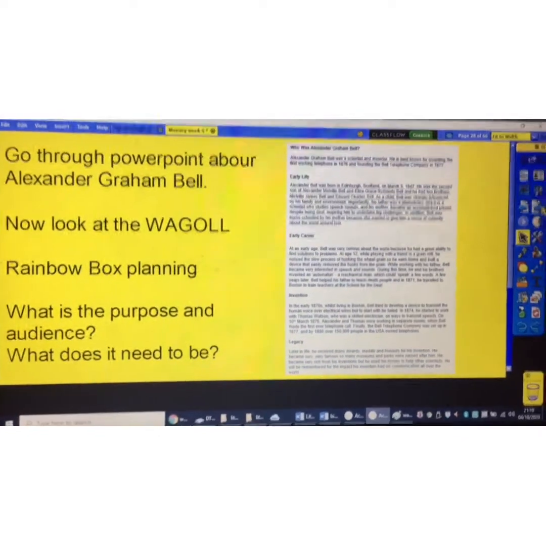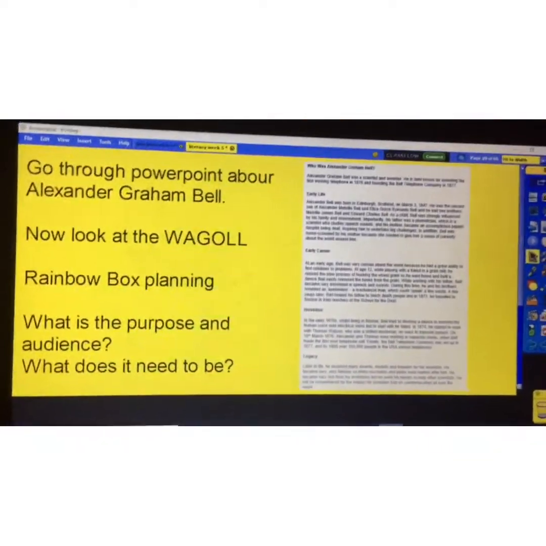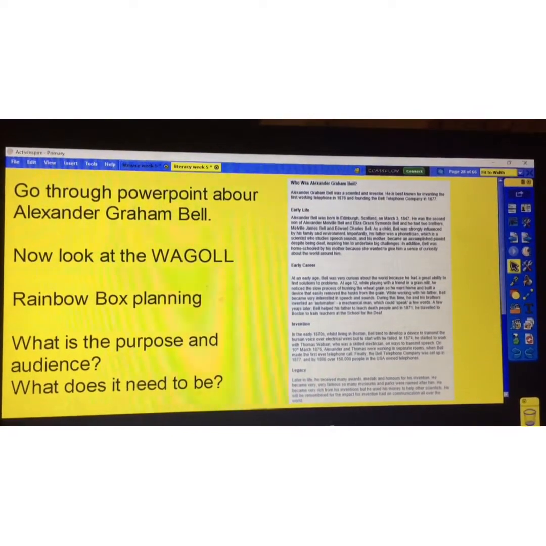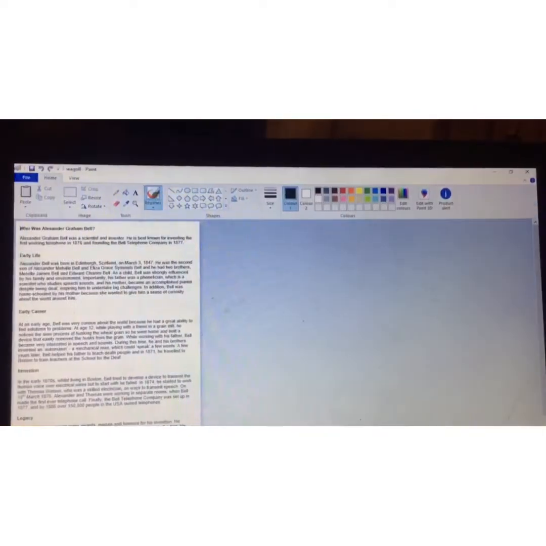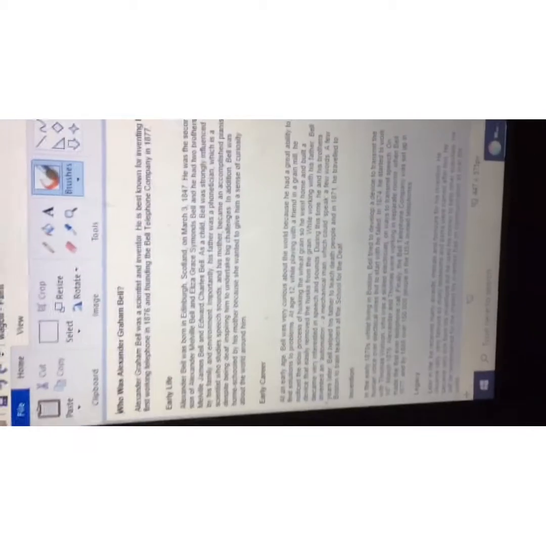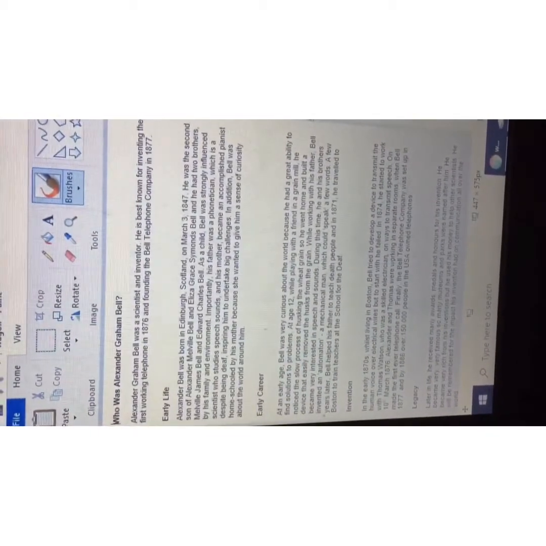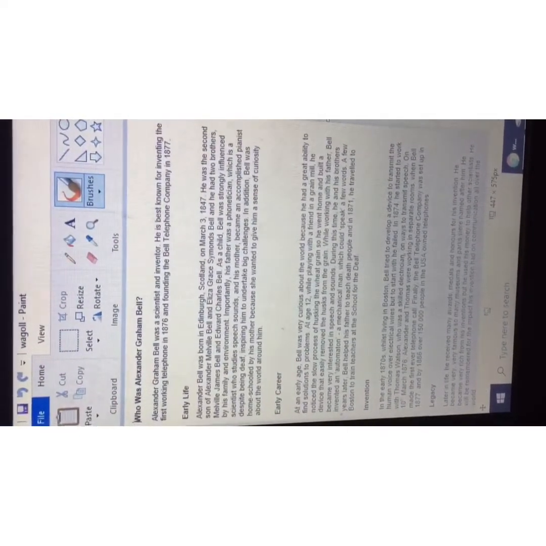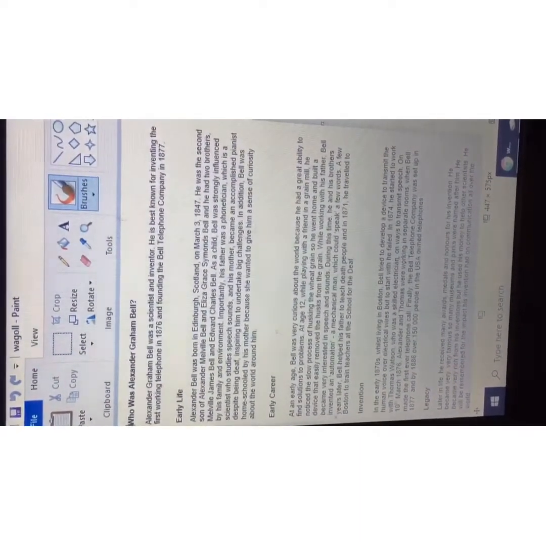I've attached the waggle document. It'll be in your portfolio, but also attached to this document. I'll just bring it up on here a little bit bigger. This is the waggle of Alexander Graham Bell, and as you can see, it starts with an introduction: who was Alexander Graham Bell?